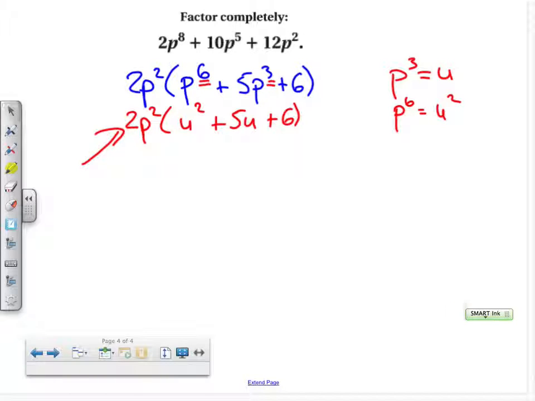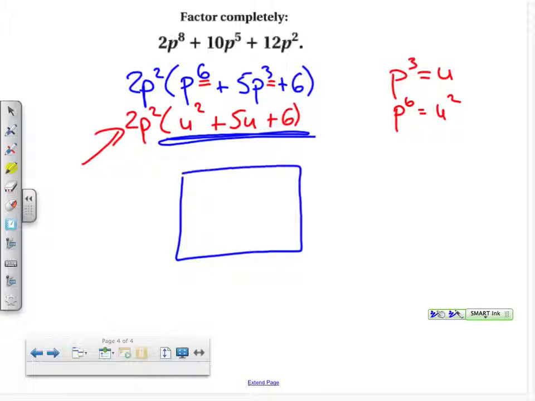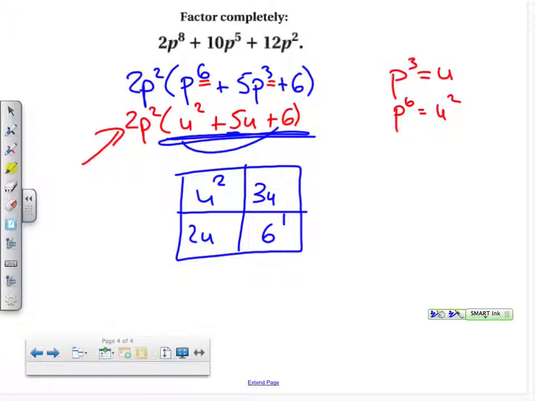All right, now we'll factor our quadratic, and whatever method you use, I'm going to pull it out in the box. U squared here, 6 here. What multiplies to get me 6 and adds to get me 5? That's 2 and 3. Pull out 3, pull out u, pull out 2, pull out u.